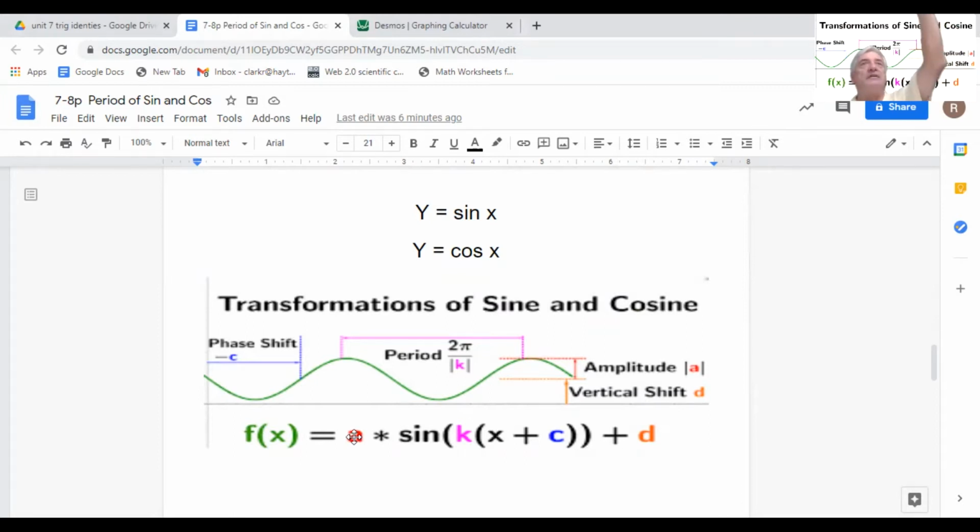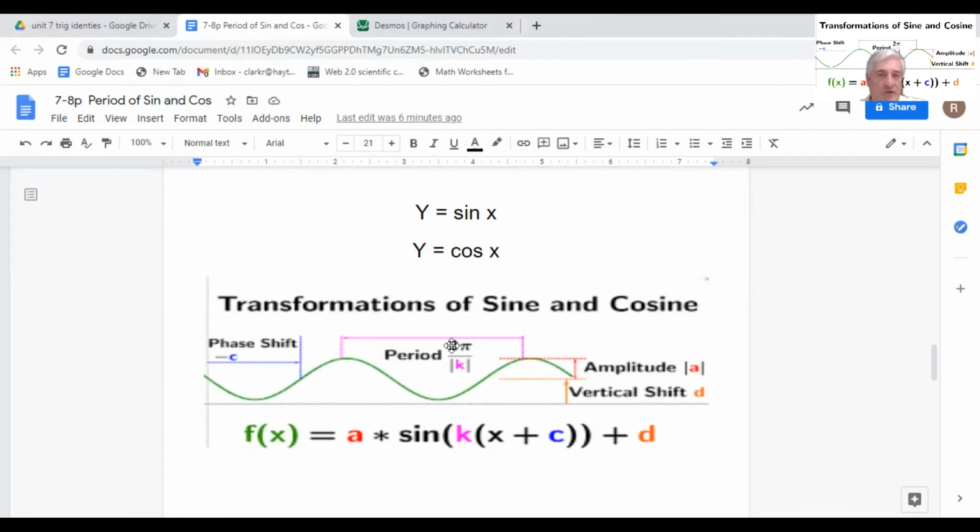That is, it not only went tall, it also went down under the axis and came back up. So if we change the A, we change the amplitude. Then we change the K, we're going to change the period. C talks about shifting sideways, taking our graph and sliding it sideways. And D is going to talk about taking our graph and raising or lowering it on the axis. So today we're only going to talk about period, which is the K.